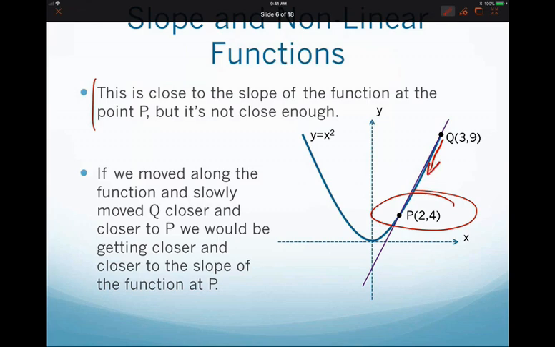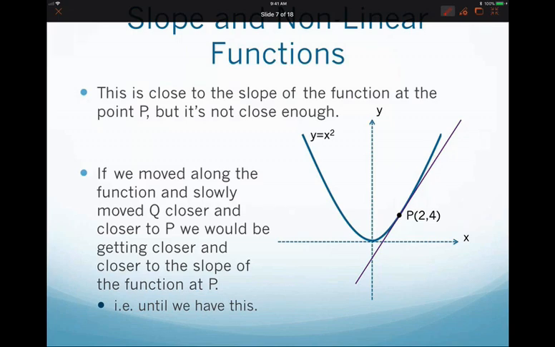We're going to bring Q closer and closer to P. As we bring Q closer and closer to P, this line that goes through P and Q will become closer and closer to being tangent. If we look on the next slide and go back and forth, see how that line slowly moves over that way until it's exactly tangent. That's essentially all we're going to be doing. That's the idea of what we're trying to do here with the derivative.